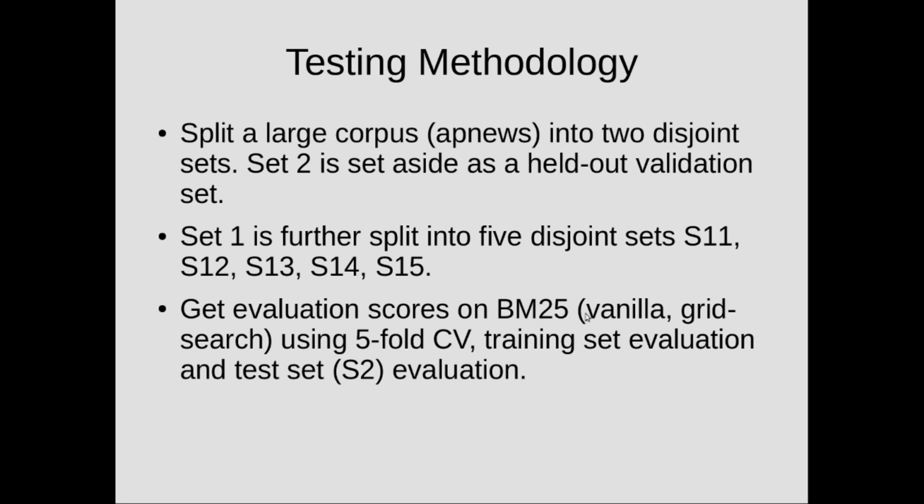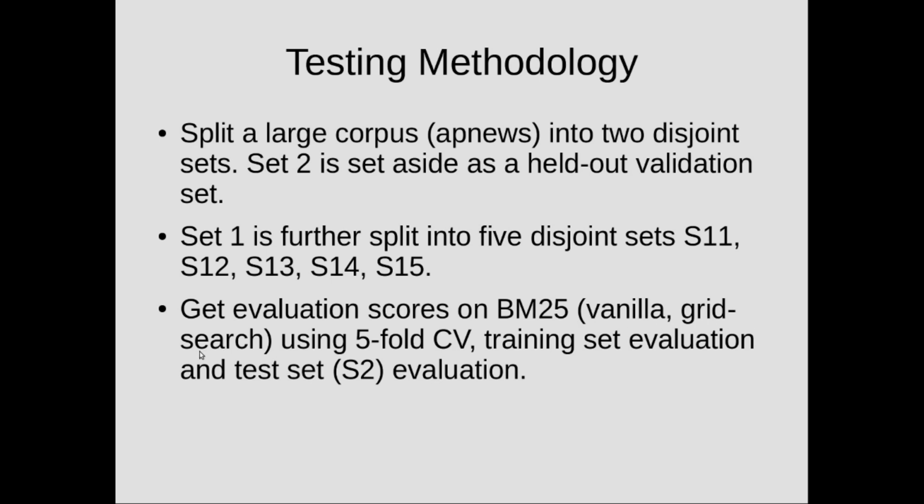The reason why there are 2 kinds of BM25 being tested here, vanilla BM25 and grid search BM25, is because I want to see what happens if you try to purposely make the model a little bit more prone to overfit. And that is what the grid search is for.